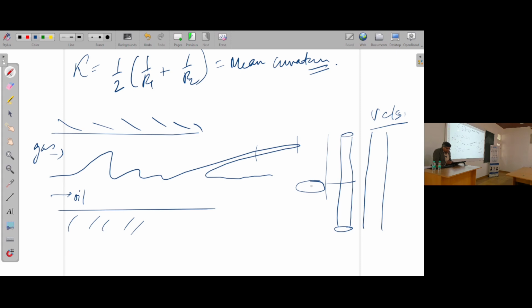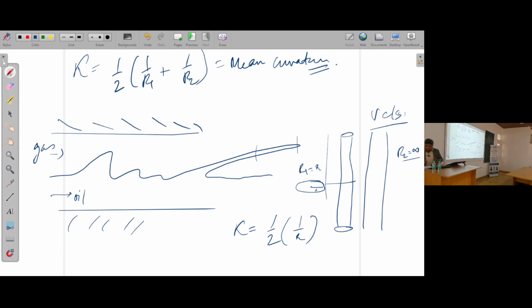Here, R1 is some radius, and here, R2 is infinite. So in this case, your curvature is simply one half of 1 by R for a cylinder.